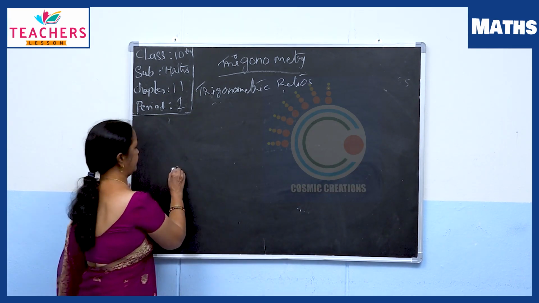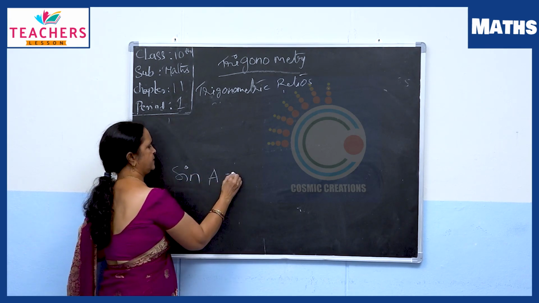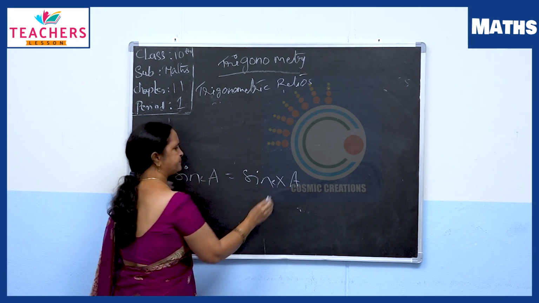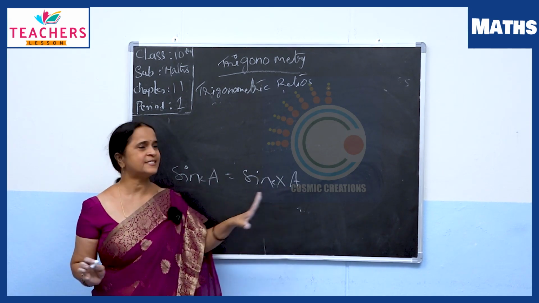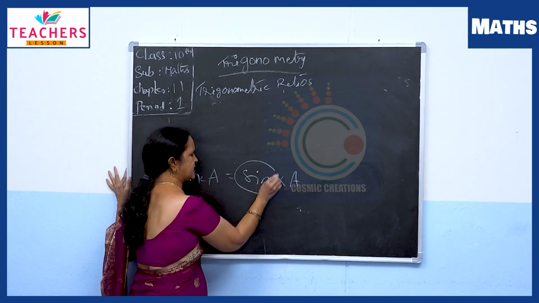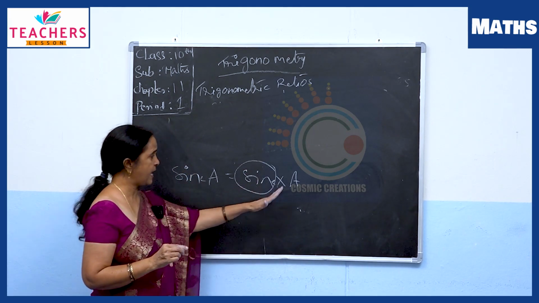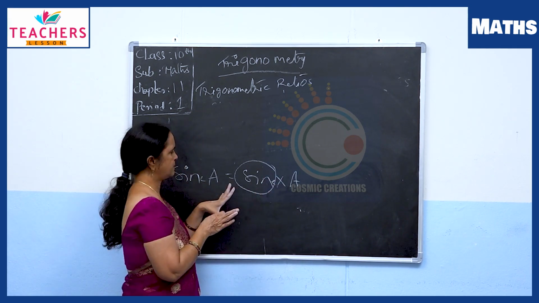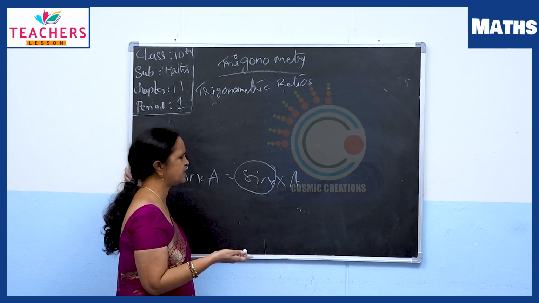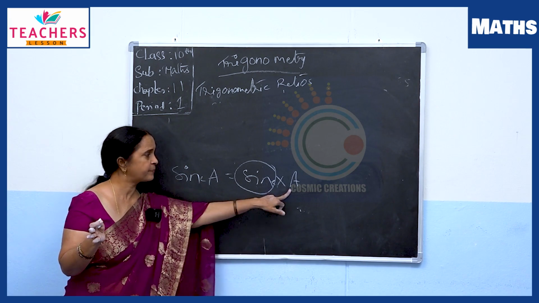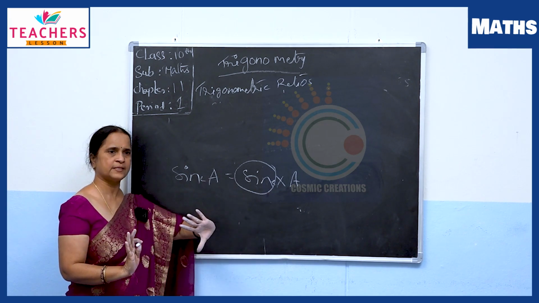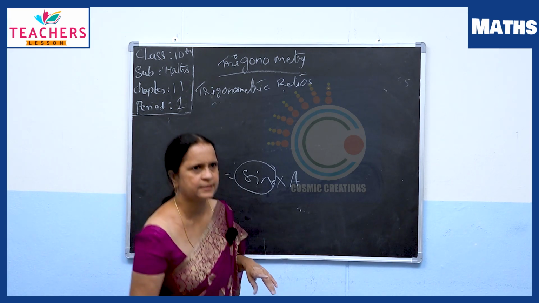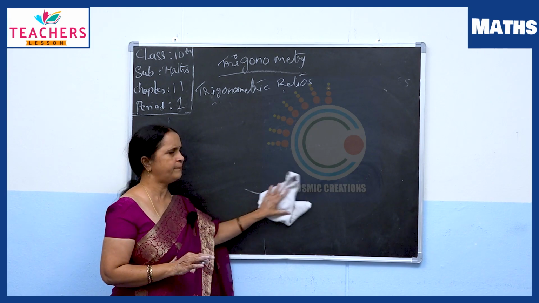If sine A is equal to sine into A, is it right? No, it is not right. If you write only sine, there is no meaning. If the angle is also included, then only it makes sense as a ratio. The meaning itself is the ratio of opposite to the angle A and hypotenuse. But if you separate A and sine, there is no meaning. It's just a symbol. Okay, got it?